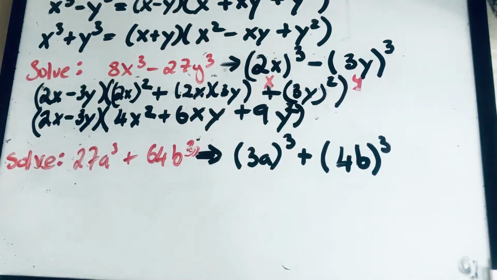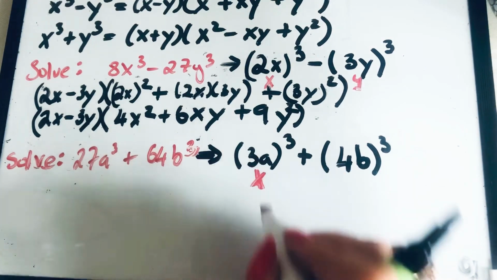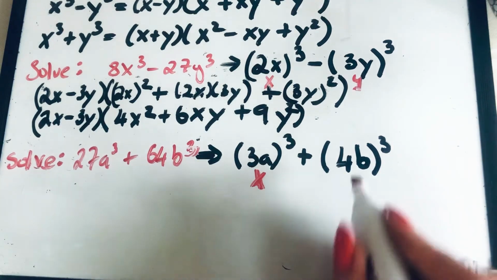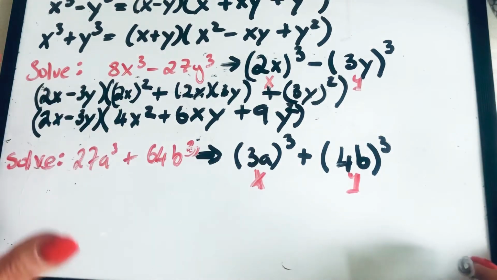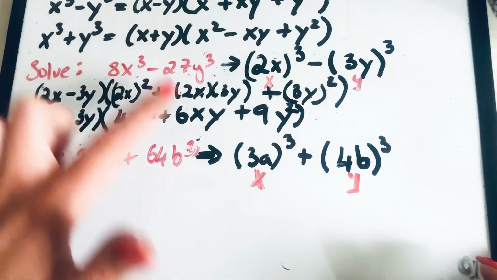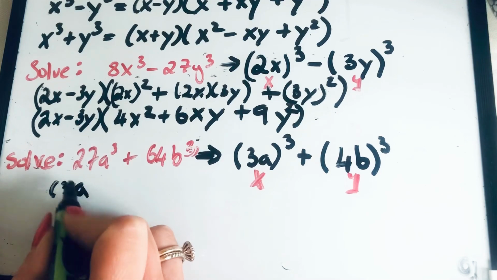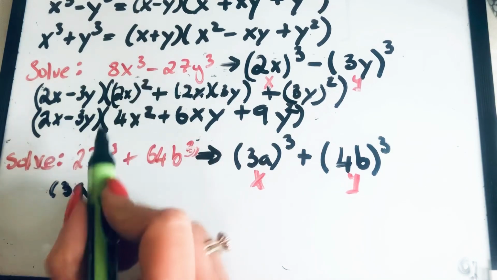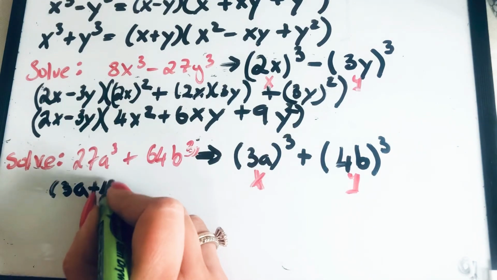Okay. So now we say everywhere we see an x, like above, we're going to replace that with 3a. And anywhere we see a y above, we replace with a 4b. So here's our example this time up here, and we're going to follow this. So we're starting off with x, which is 3a. So we have 3a. Next one, we've got a plus, and it's y, so we're going to put down 4b.